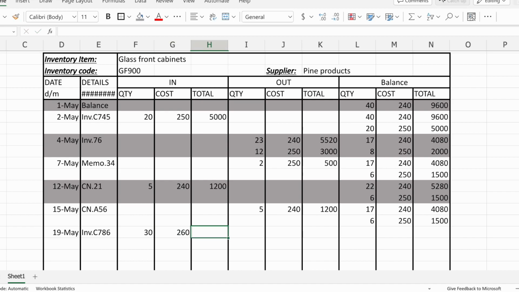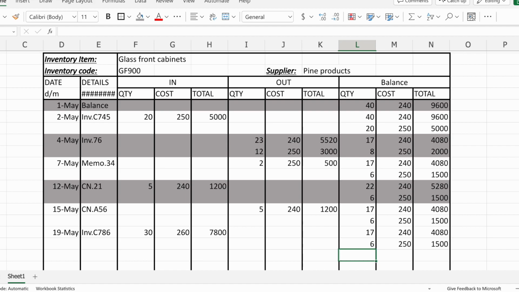So 30 multiplied by 260, which is 7,800. And now what happens? The $240 inventory is not touched, so that remains the same. The inventory with 250 is not touched, so that remains again.